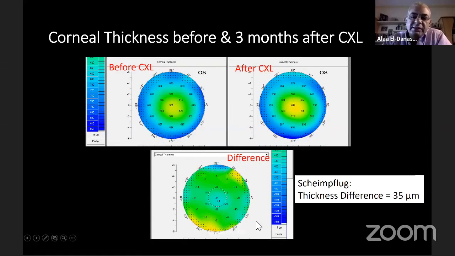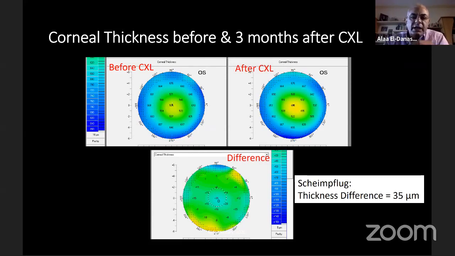And here is the differential map, which shows 35 microns of thinning after cross-linking. Is this strange? No, actually, you find this in almost every publication on cross-linking over the last 10 years. It shows thinning of the cornea after cross-linking, and all of them measured the corneal thickness with the Scheimpflug. And I'm sorry to tell you that this information is not correct.